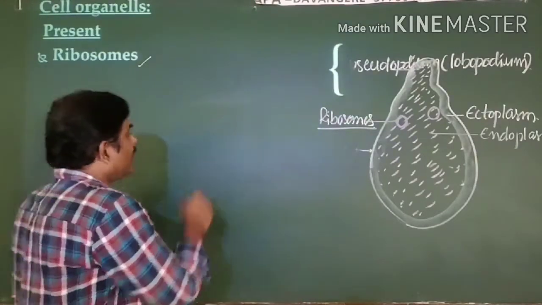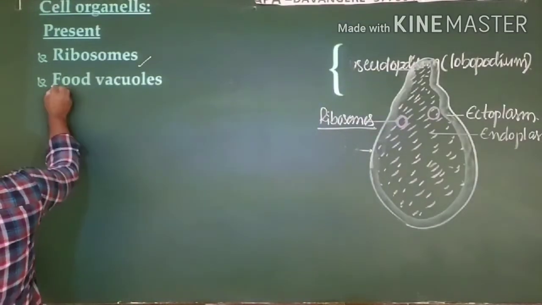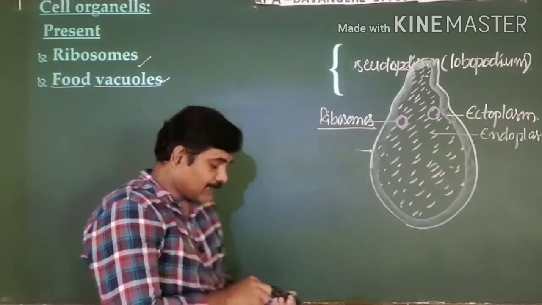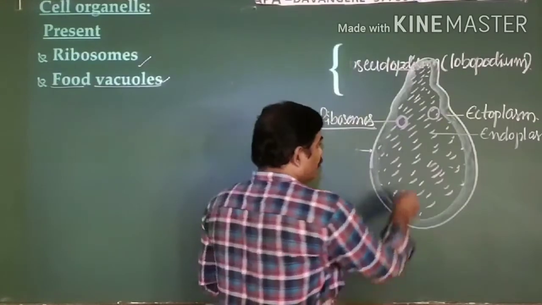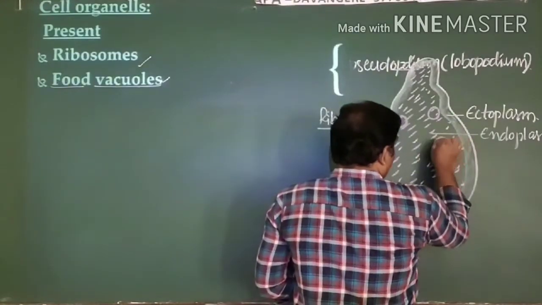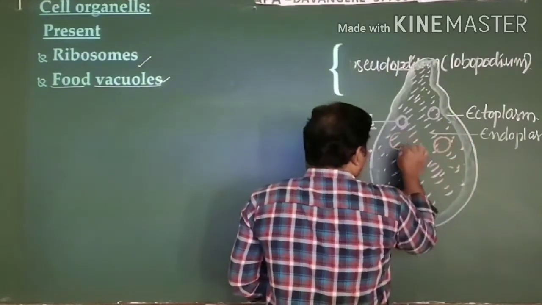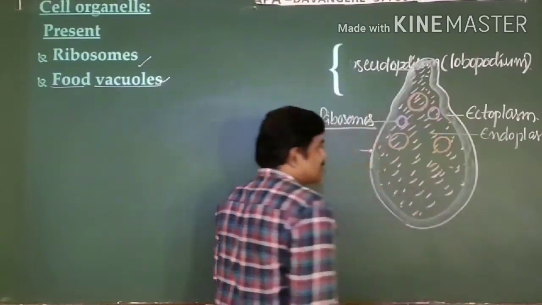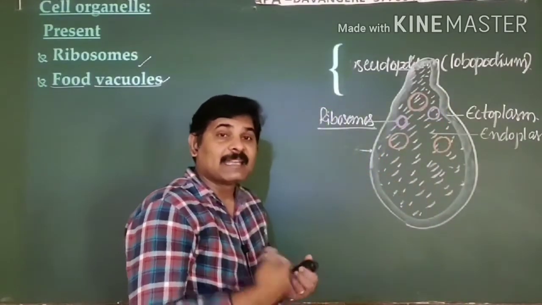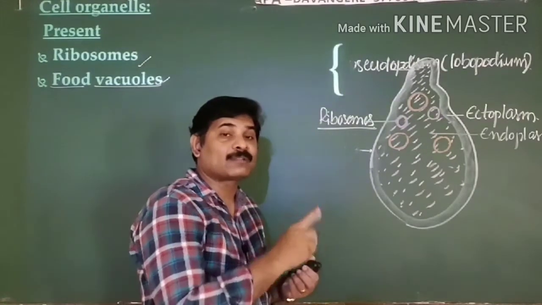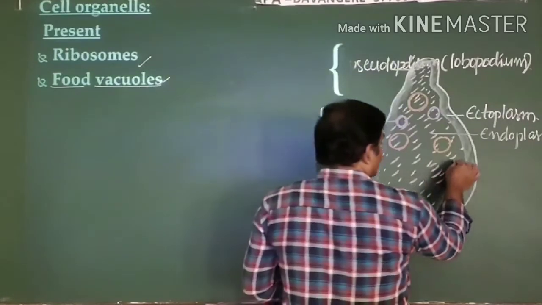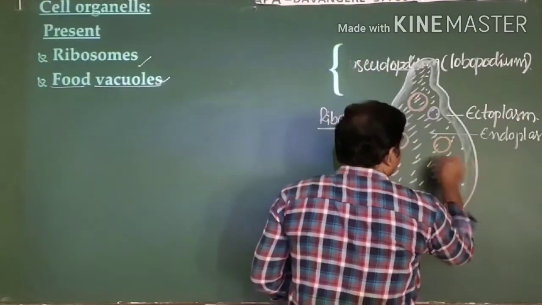Along with ribosomes, it has the food vacuole also. The interesting point is that the food vacuole contains red blood cells, bacteria, as well as debris of epithelial cells of the mucosa or submucosa.